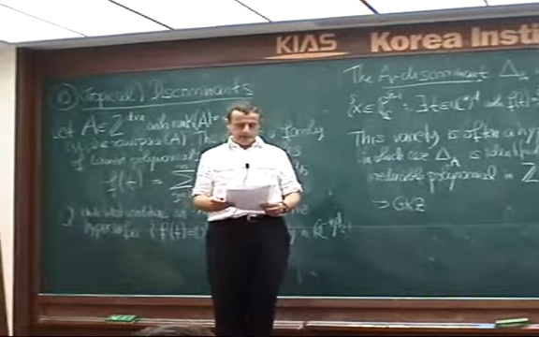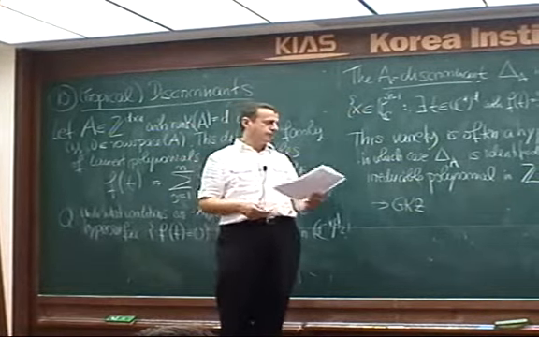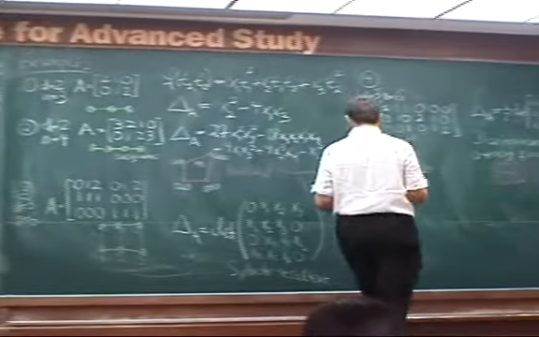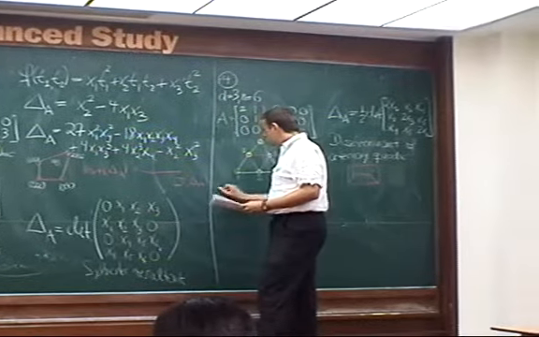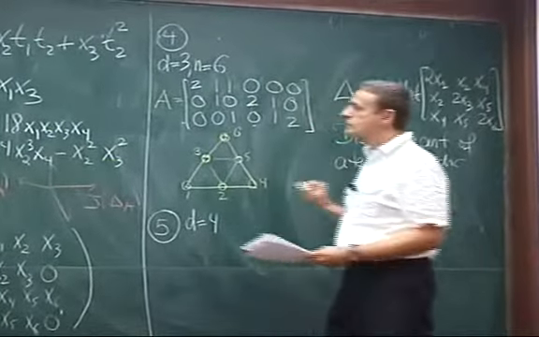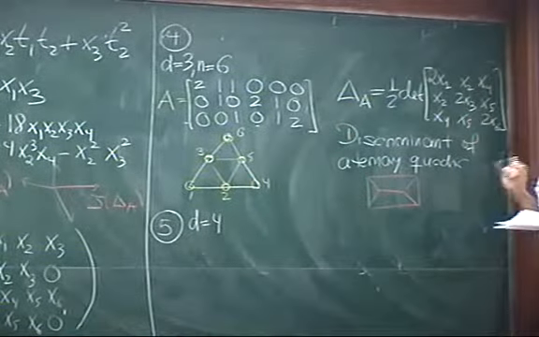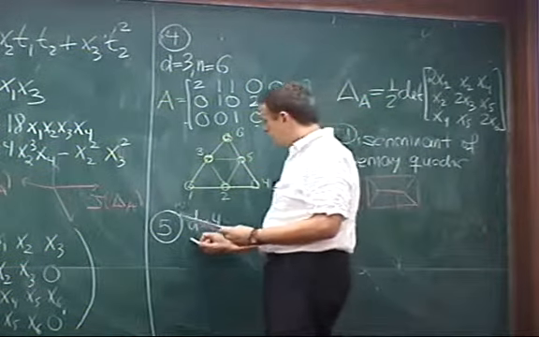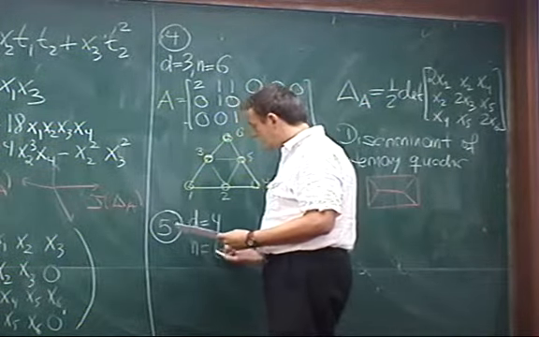Okay, so let's have a slightly more interesting example. So the next example is 1 dimension higher. That's example 5. Let's take d equals 4. So the yellow picture will be 1 dimension higher. So this will be a 3-dimensional picture. And this is n equals 6.